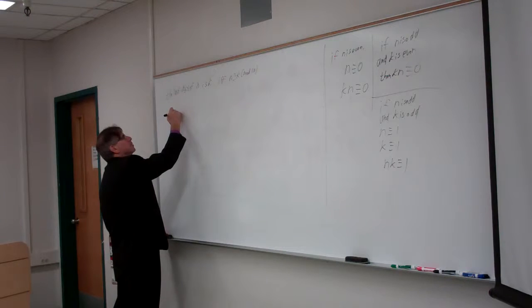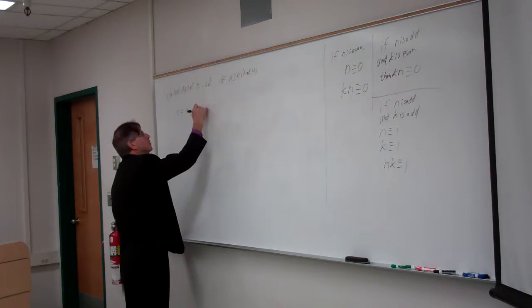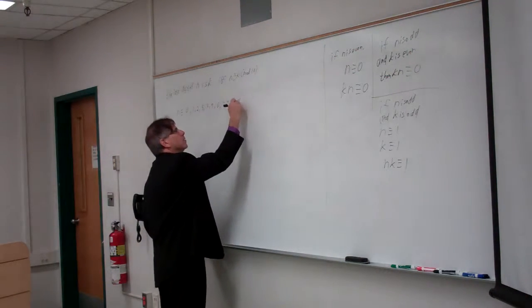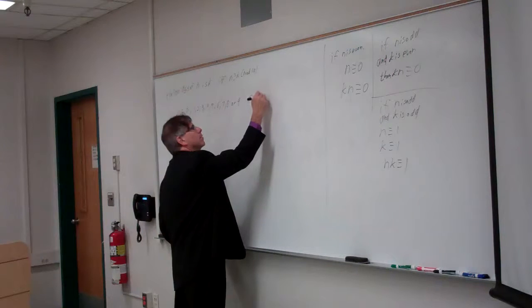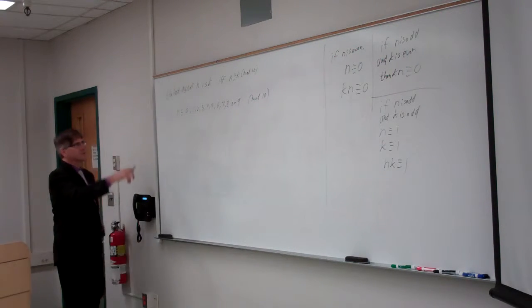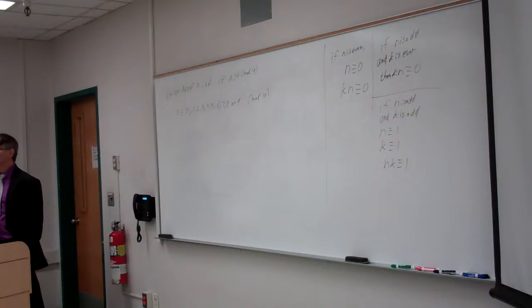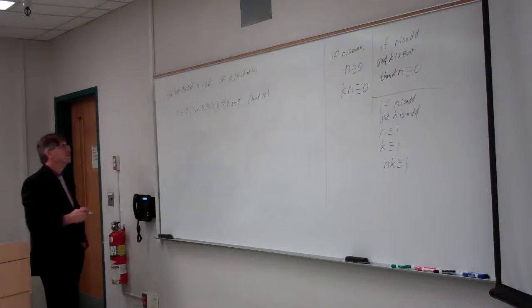So any integer is congruent to one of these 10 things modulo 10. It's got to be, right? There's only 10 things you can be congruent to.